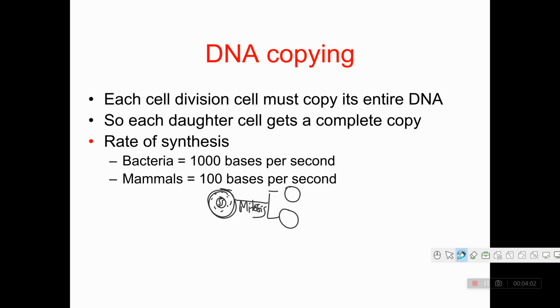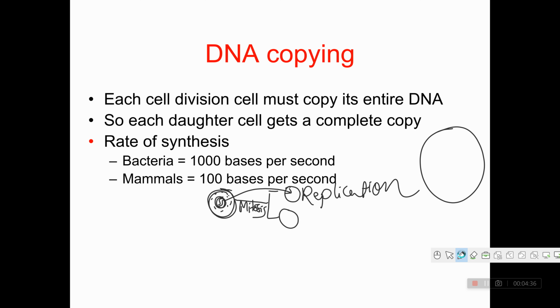So for this identical copy, the genetic material and other organelles will all be copied here, right? So in this step, what takes place? Replication of the DNA, so that an exact copy of this DNA will be present in two cells, right?